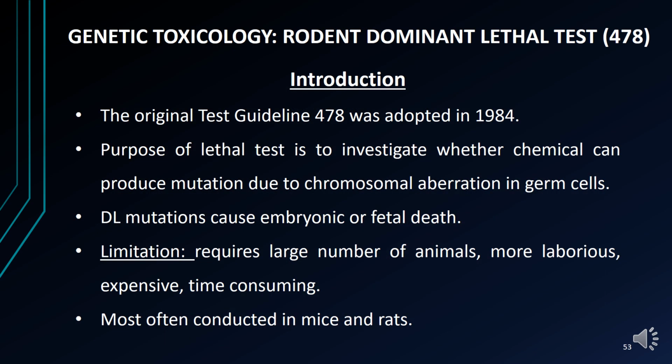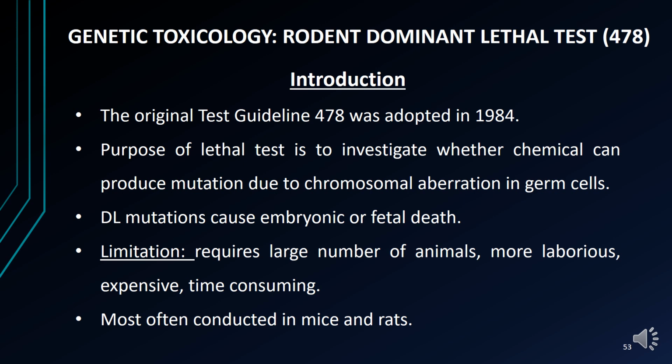So here, genetic toxicology, the rodent dominant lethal test, which comes under guideline 478. Introduction for this: the original test guideline 478 was adopted in 1984. The purpose of the lethal test is to investigate whether the chemical can produce mutation due to chromosomal aberration in the germ cell or not.